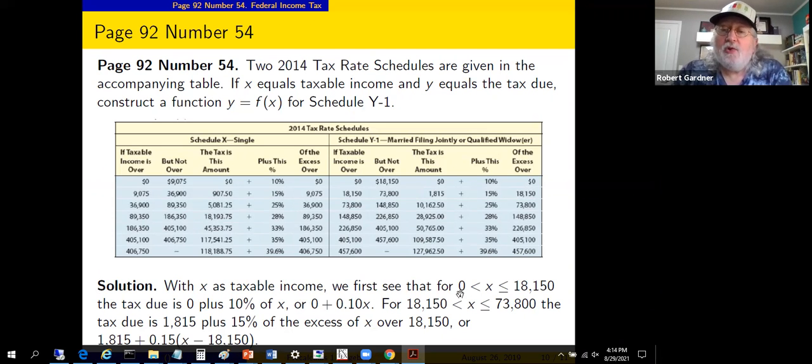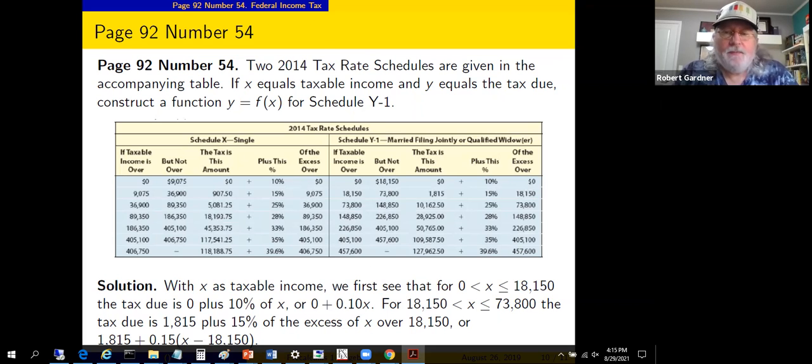We see that first, if X is between 0 and 18,150, strictly greater than $0, but less than or equal to 18,150, then the tax is 0 plus 10% of the amount you made, the excess over $0. Well, you made X altogether, so 10% of X, so it will be 0 plus 0.10X.